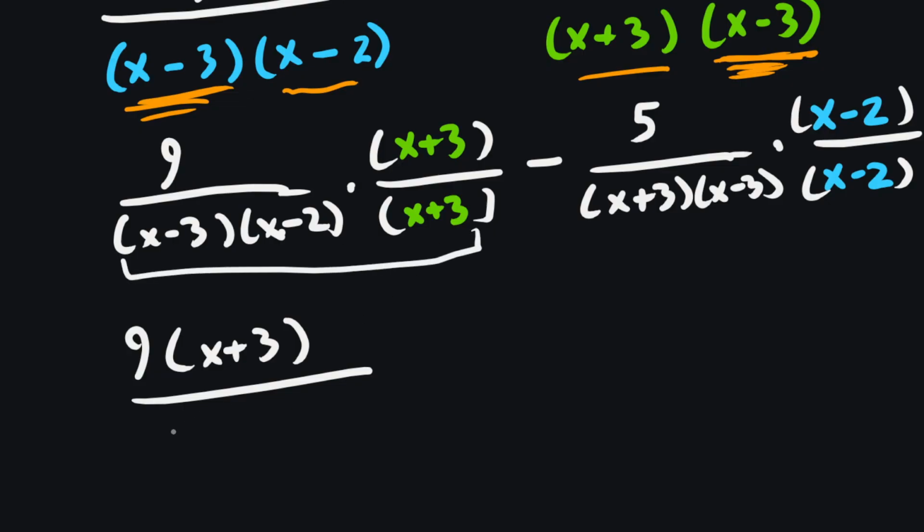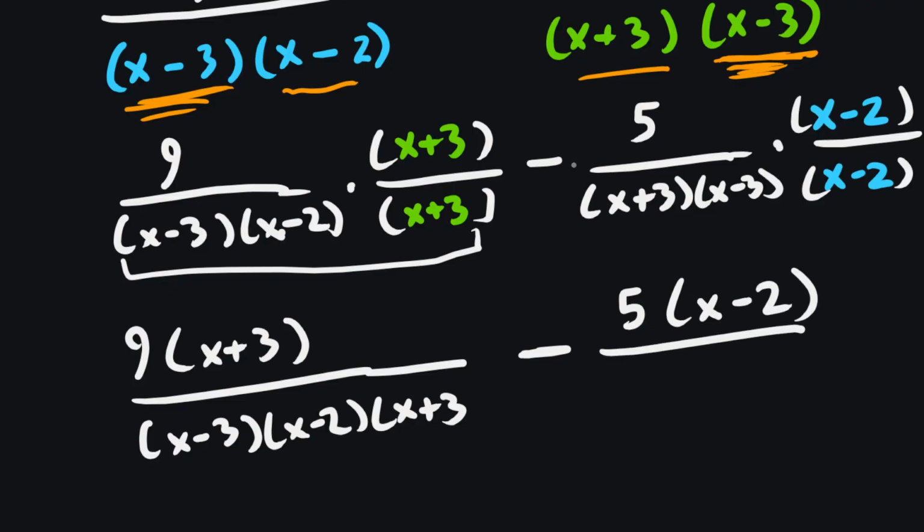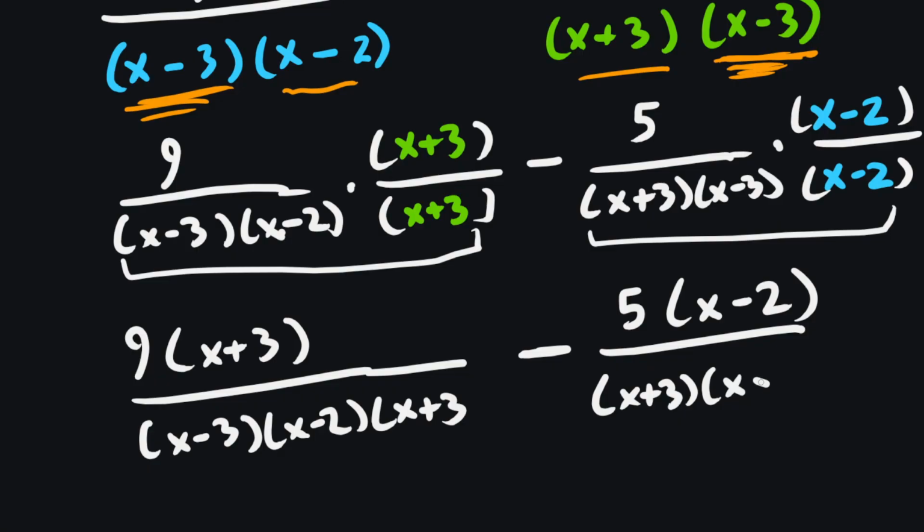So x minus 3 times x minus 2 times x plus 3. Okay, and then minus 5 times x minus 2, over here, x plus 3 times x minus 3 times x minus 2.